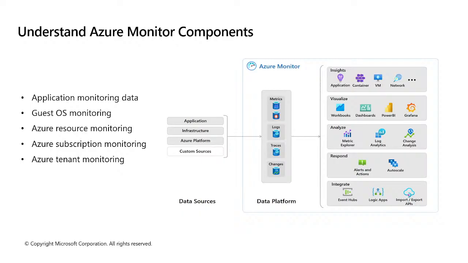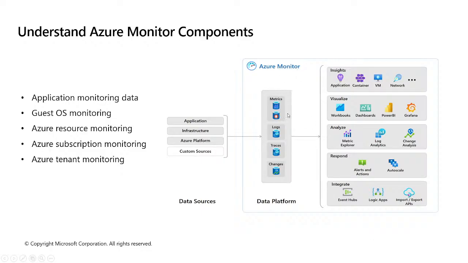If there is a need to integrate whatever you have here with a different platform, maybe to export or import the data, or check it within your event hub, or even integrate this within a Logic App, then Azure Monitor has that capability.